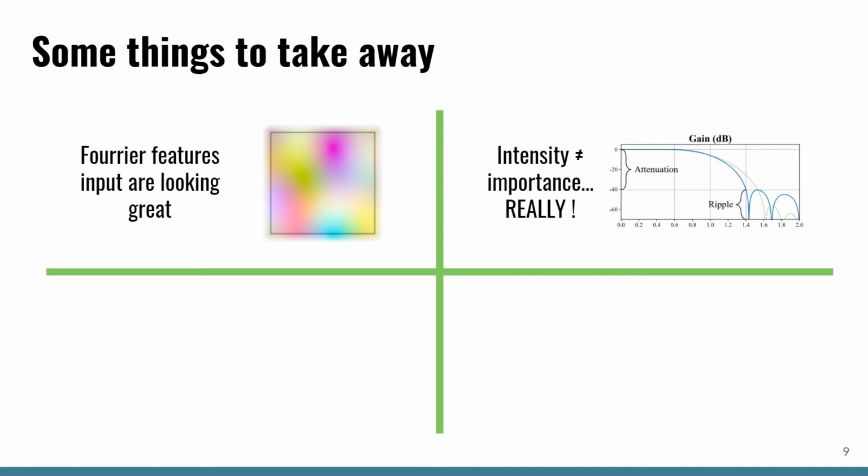Now, the second thing I want to talk about in this conclusion is the fact that the intensity of a signal is not the importance of that signal. Those of you who know me personally may know that I have done a master thesis in neural network compression. And in neural network compression, it is often a heuristic used that if a part of the feature map or a certain weight in the neural network is small, then it's probably a weight that we can remove.